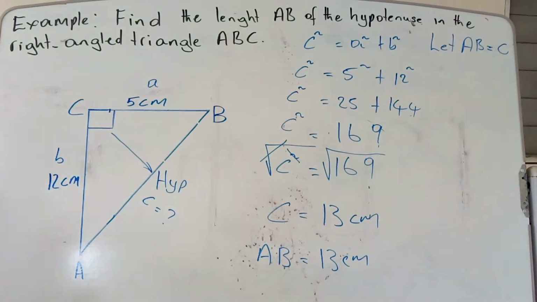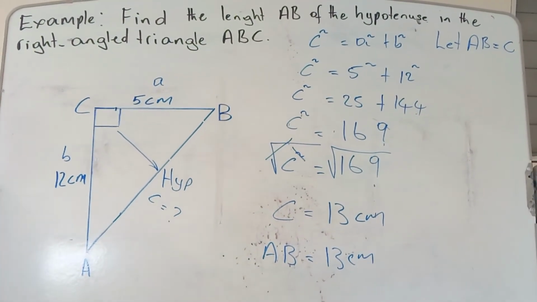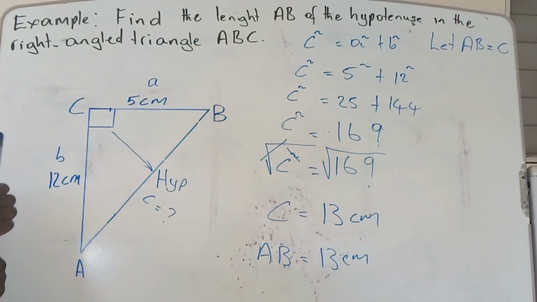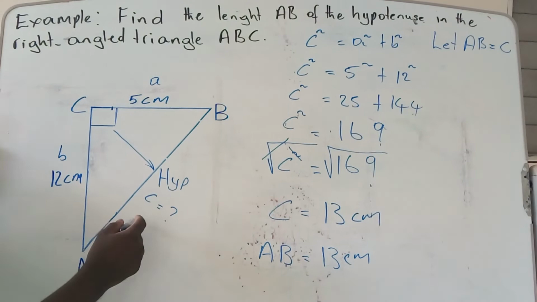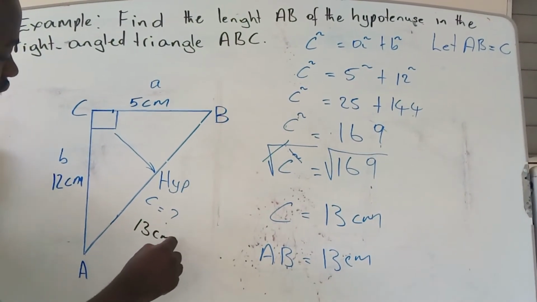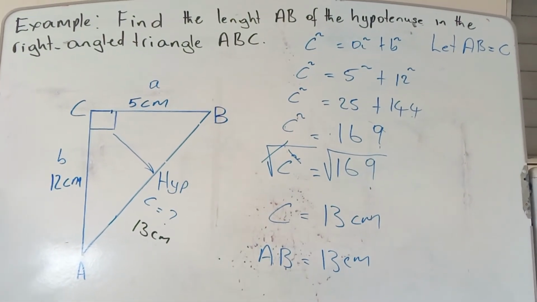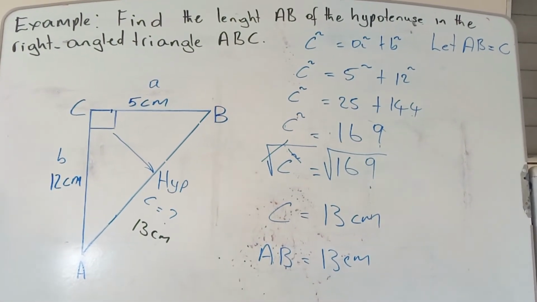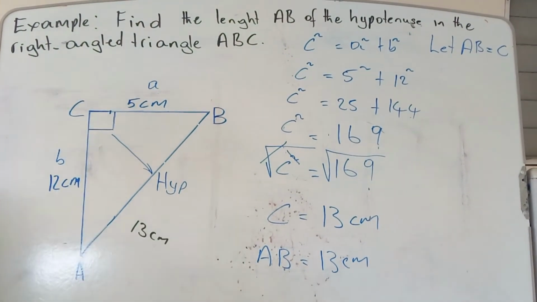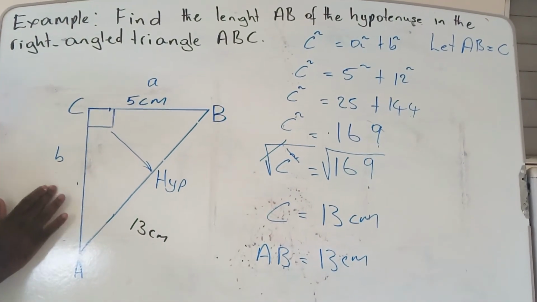And that's how you apply the Pythagoras theorem. So this side would actually be 13 centimeter. Now, what if you know this side now? You know that this is 13, and let's say that you didn't know that this was 12.